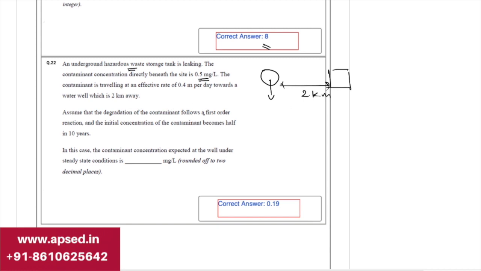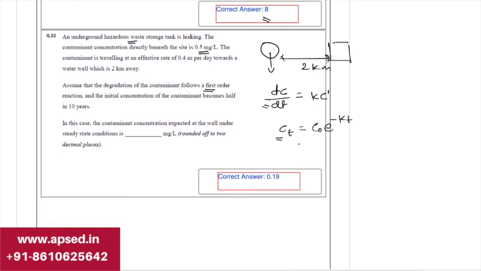For that, they have told us to assume a first order reaction. For first order reaction, we can write dC by dt is equal to K times C. Because this C has the power of 1, we say it is first order, and from here we can obtain Ct is equal to C naught e to the power minus Kt.